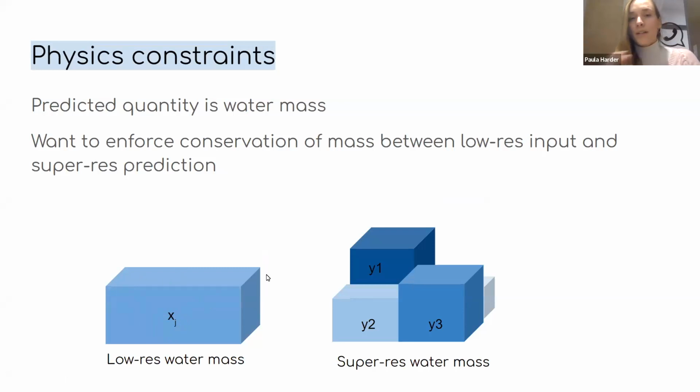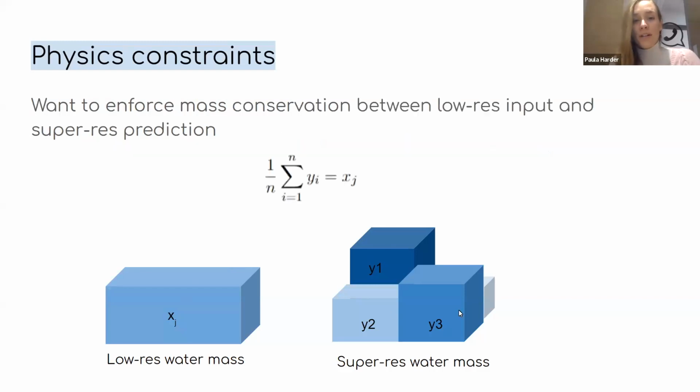And in this input pixel, we know we have this water per area. And then in the corresponding superpixel, so the number of pixels that are in the same area as the lowest one, we have some predicted water mass. And what we want is very simply that the average, so the overall water mass per area, matches the one in the lowest one.